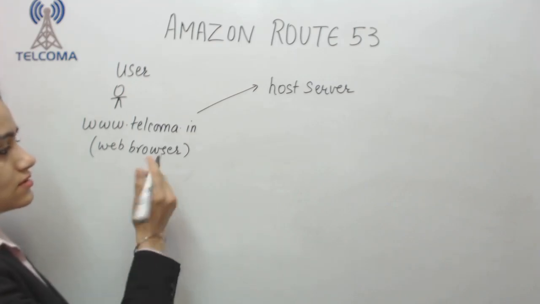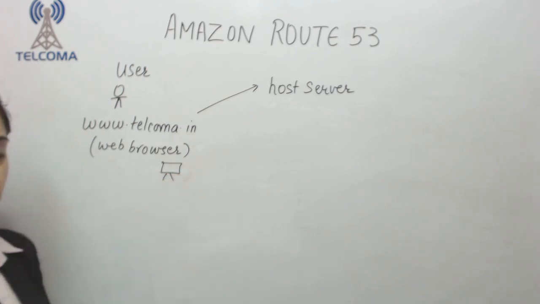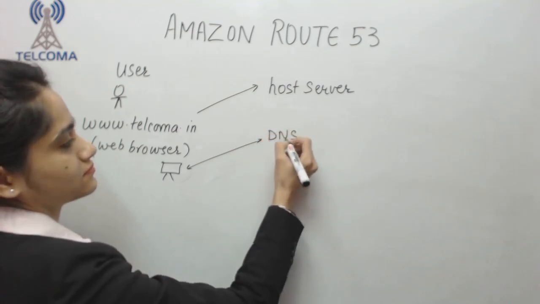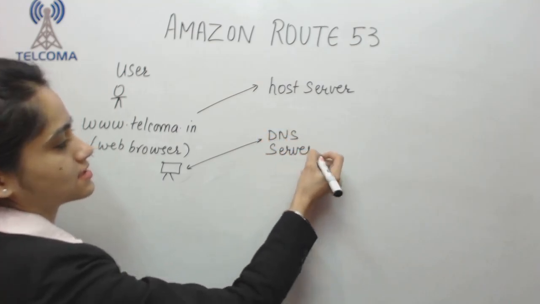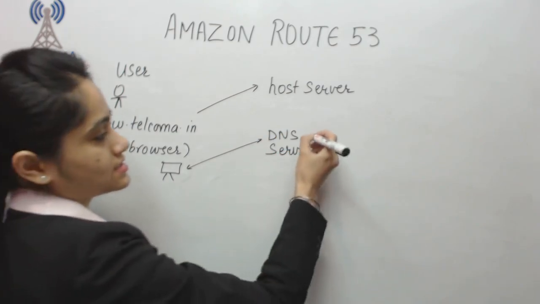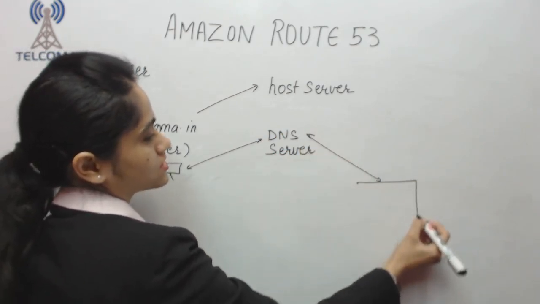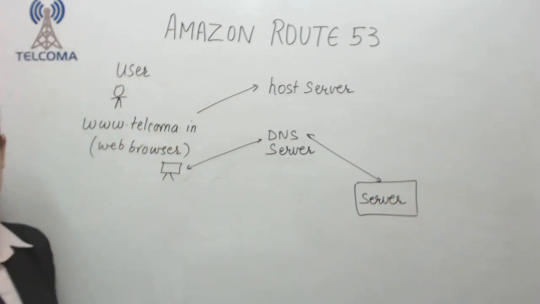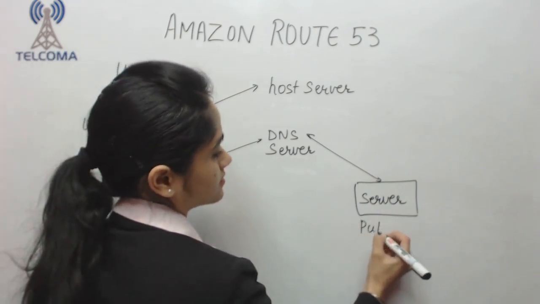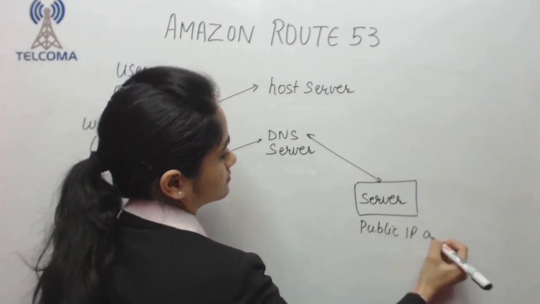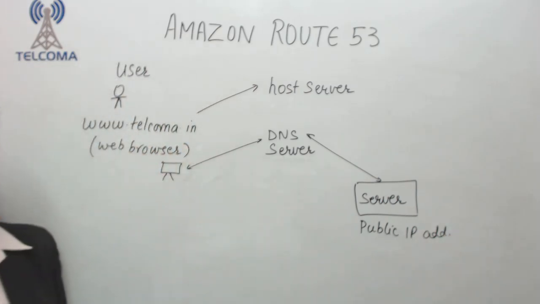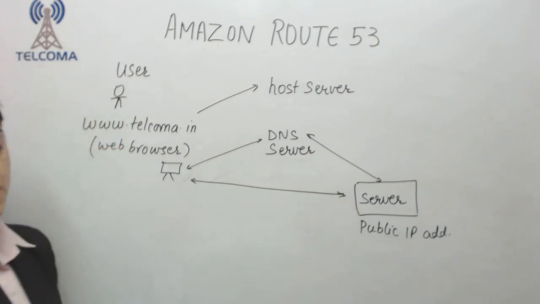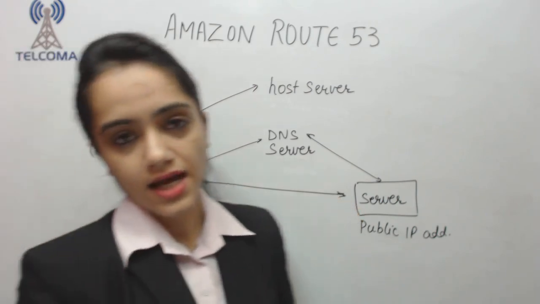So this is a user on a computer. It types telcoma.in. Then we will request our DNS server. Now this DNS server will contact our host server with some public IP address, and this public IP address will be given to the user.